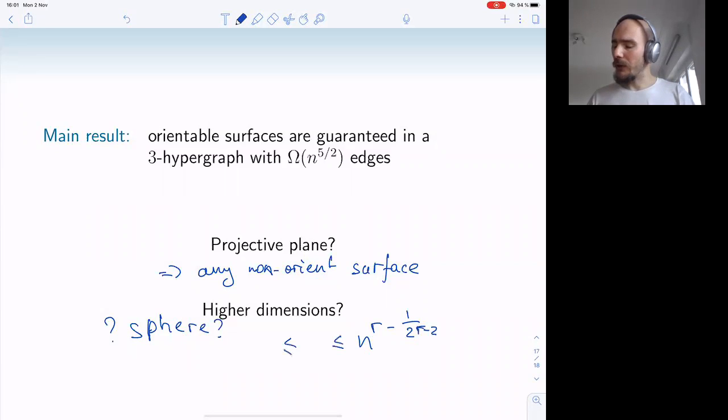And then I think we can get something like n to the r minus r over 2 to the r minus 2. So yeah, we can get something, but we're thinking about this. And for the other surfaces it's really unclear.